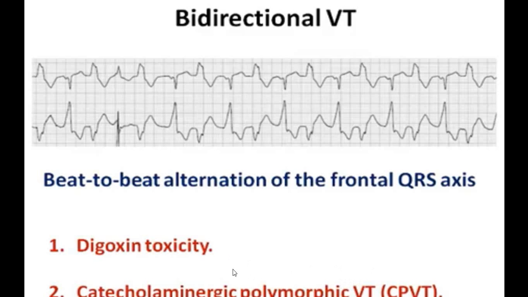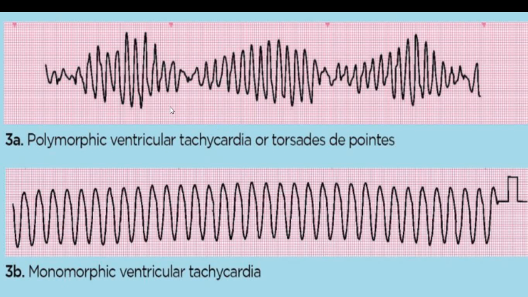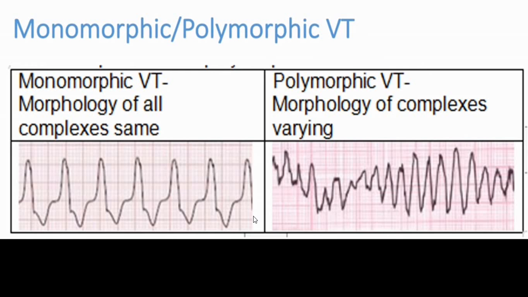This is secondary due to excessive stimulation by catecholamines. Again, polymorphic, constantly changing the axis, we'll label that as polymorphic ventricular tachycardia or Torsades De Pointes. While in this all complexes are same, so we call monomorphic ventricular tachycardia.